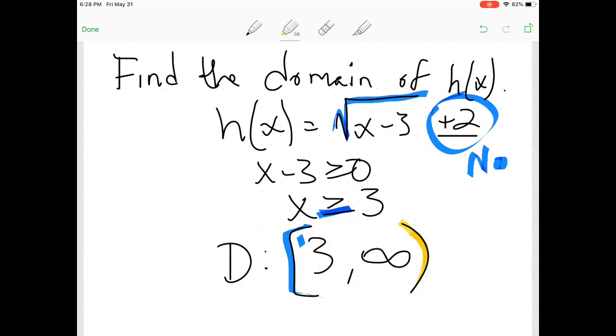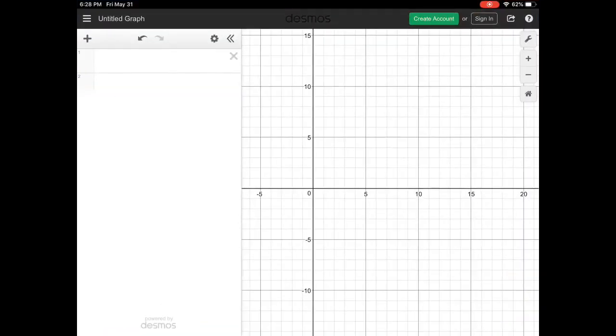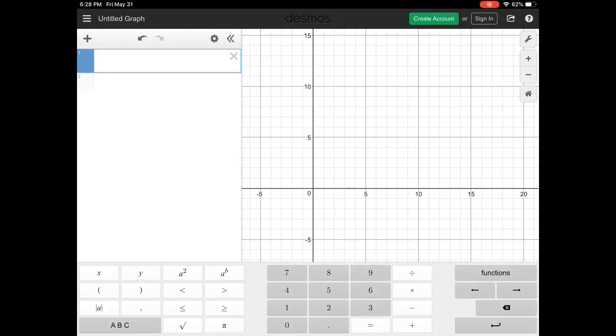Now, my goal is to show you, well, what does this look like on an actual graph, right? What is the domain on a graph? So let's head over to this graphing calculator app that I got for free, Desmos. And we are just going to plug in, well, let's graph square root of x minus 3 plus 2.